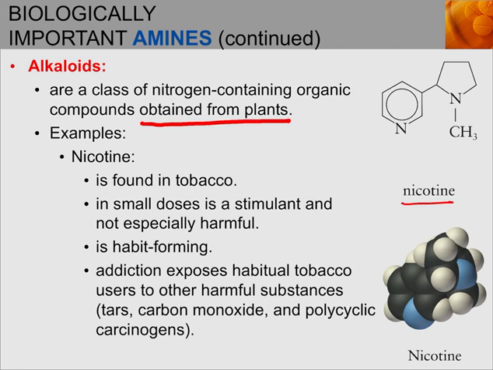So if you know someone who smokes, or if you smoke yourself, nicotine is present in cigarettes. In small doses, it is a stimulant similar to caffeine, and not especially harmful, but it is habit forming. So you could crave nicotine the more you have it.